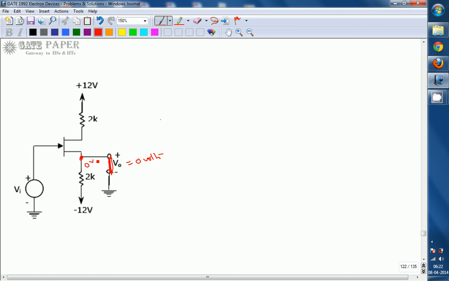Remember that one. So if you indicate the VGS value, this is VGS plus and minus. So from this one we can say V input is equal to VGS when V0 is equal to 0 volts.